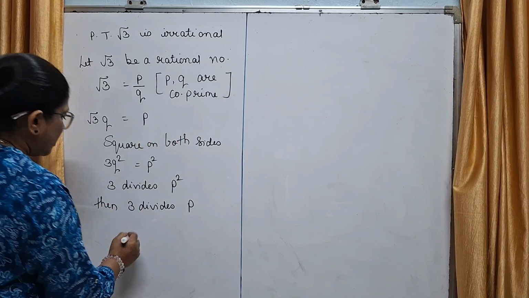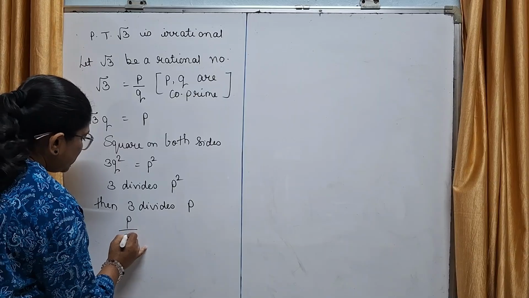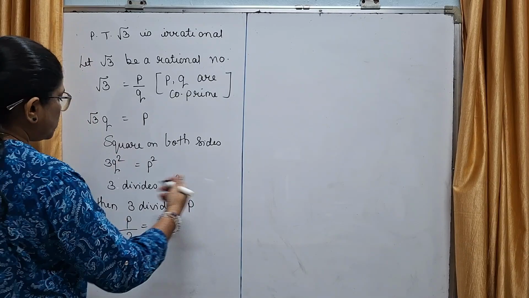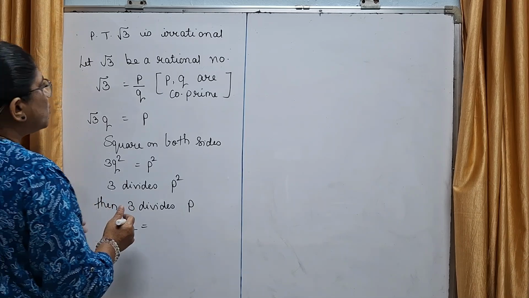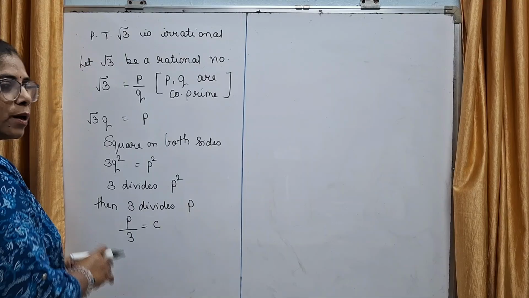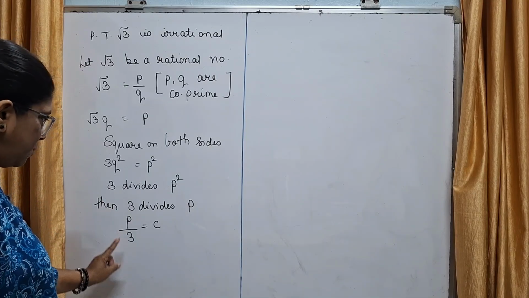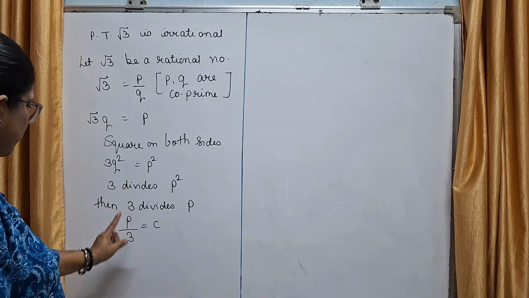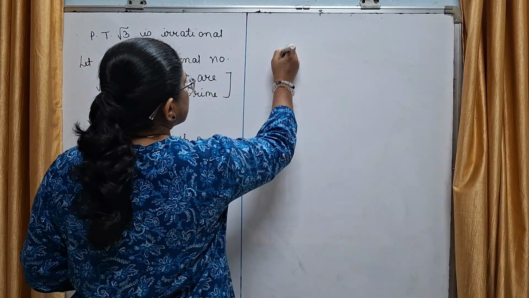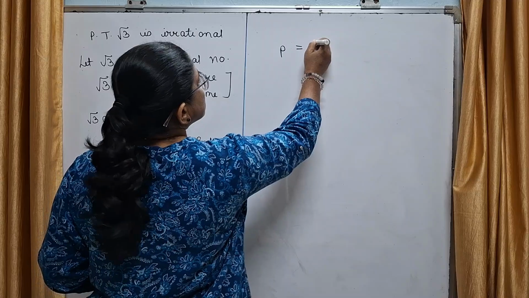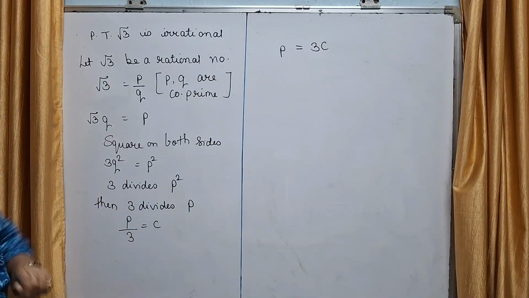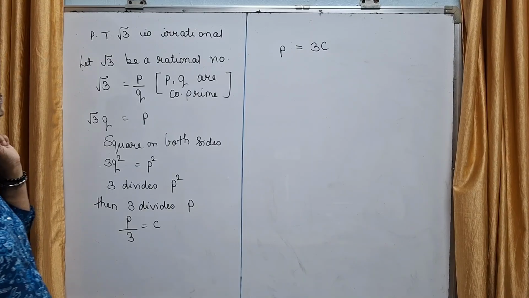Now if 3 divides P, if P is divided by 3, we get some quotient. Okay, let's say we'll take some number that is C. So when we divide P by 3, we get one quotient. Now again we will solve this. P is equal to 3C.